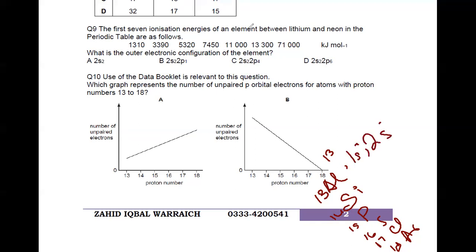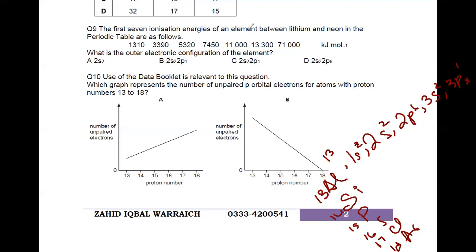Then 2p6, correct. 3s2. Then 3p1. So 3p1, right? So px will have 1 and y and z will have no electrons.